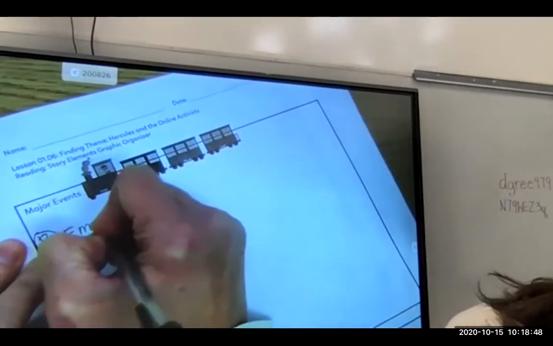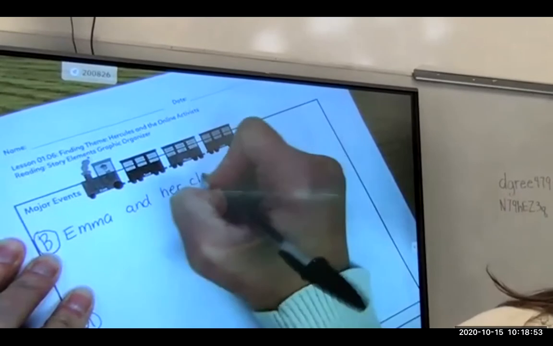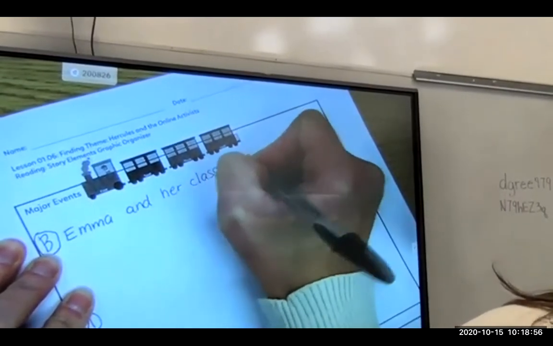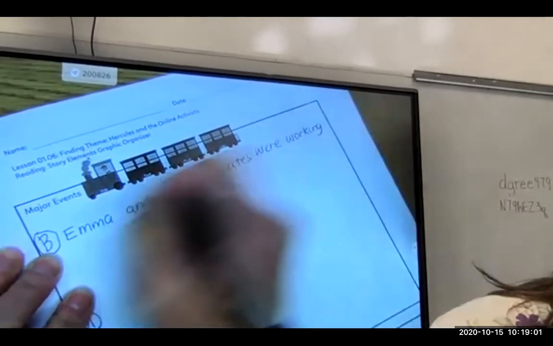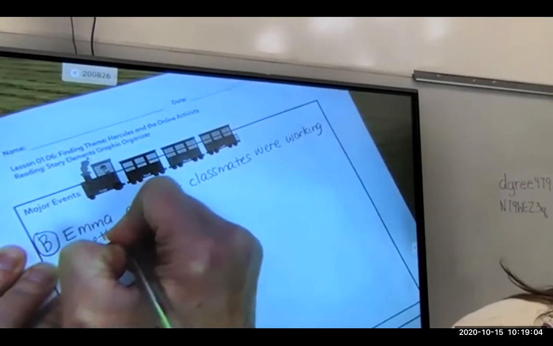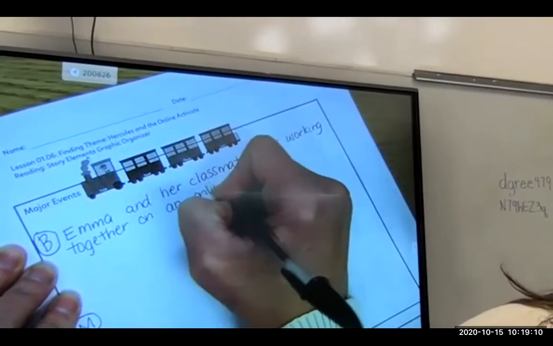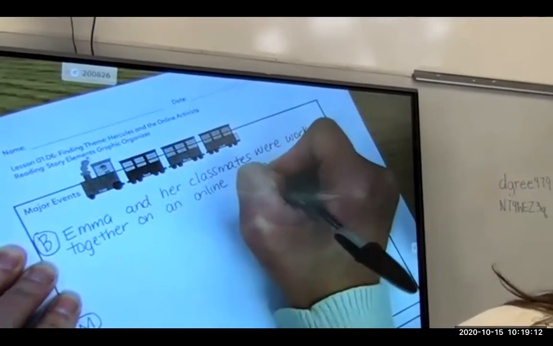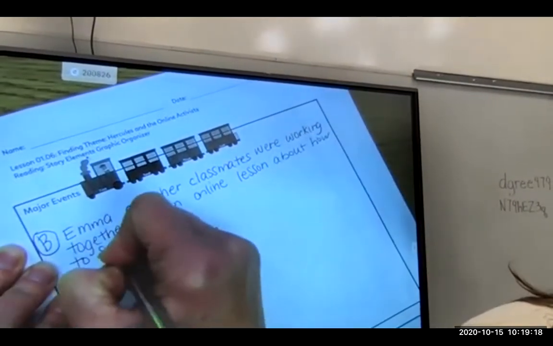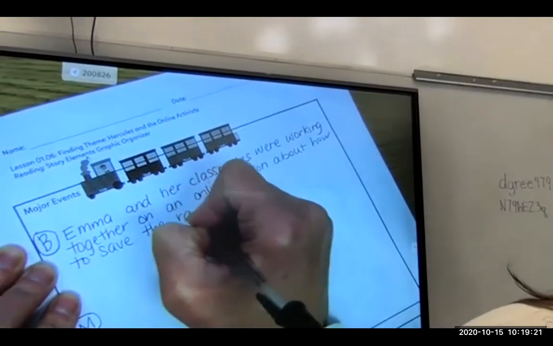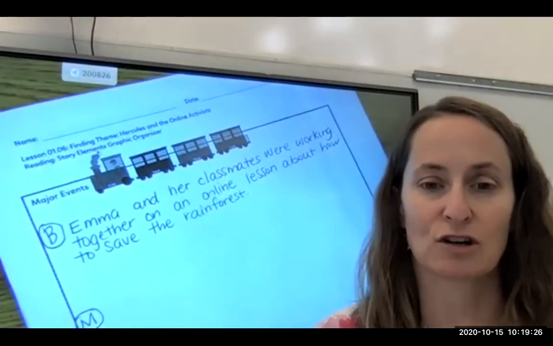So Emma and her classmates were working together, keyword, on an online lesson about how to save the rainforest. So that's really the beginning event, that major event in the beginning. I'll turn this in just a minute.